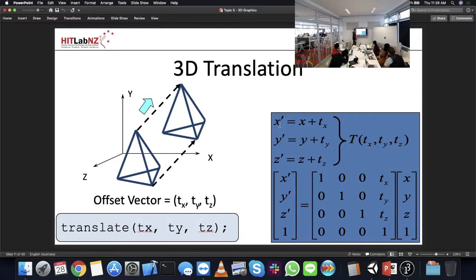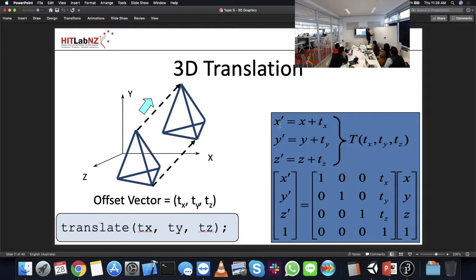So the only one I'm going to do off the top of my head is, actually no, for translation we can do them all. So if we multiply all of these by all of these, we're going to get 1 times X, X, plus 0 times Y is 0, plus 0 times Z, 0, plus Tx times 1.